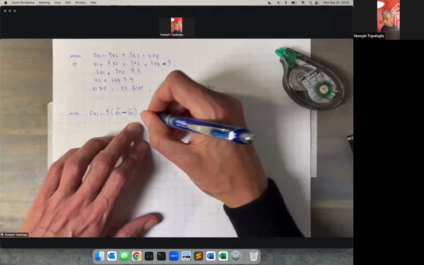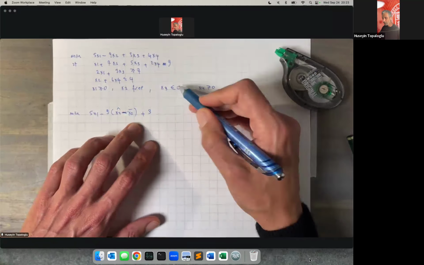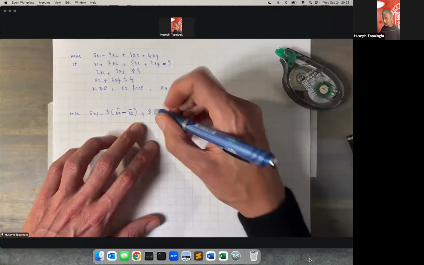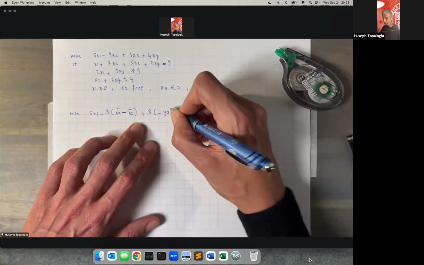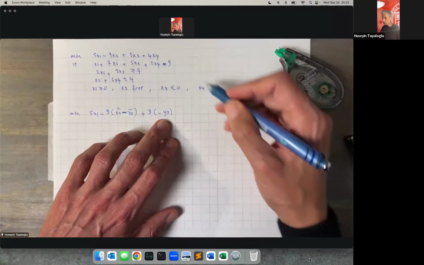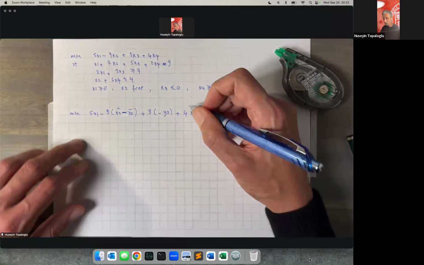Good. The decision variable x3 is restricted to be less than or equal to 0, so I'm going to replace all occurrences of x3 with the decision variable minus y3. And x4 is restricted to be greater than or equal to 0, so keep x4 as it is. Good.